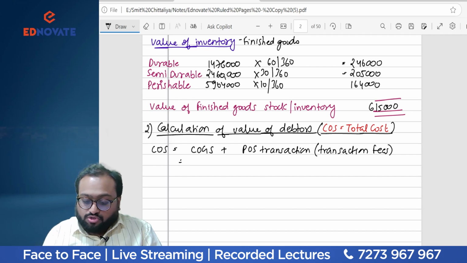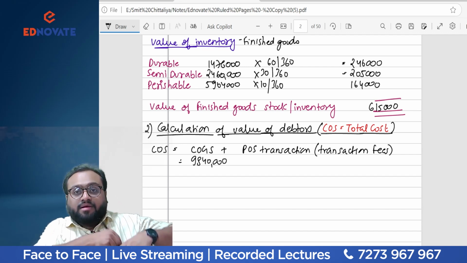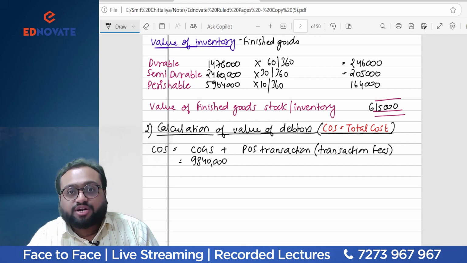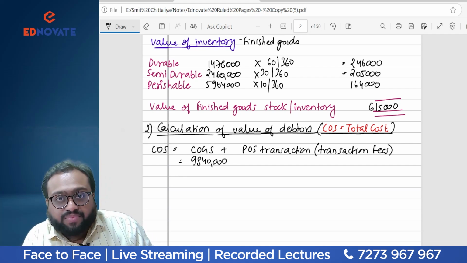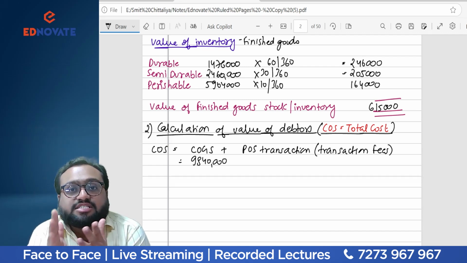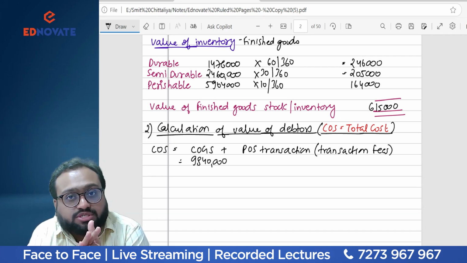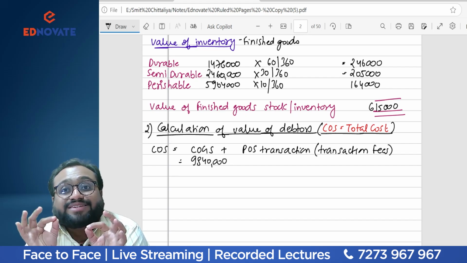So my COGS is 98,40,000. I don't have any other selling expenses or general administration overhead expenses; the question has been completely silent on that. I have only the sales figure and the GP margin. With the help of sales and GP margin, I was able to calculate COGS, and I'll add the transaction fees, so I'll get the COS.